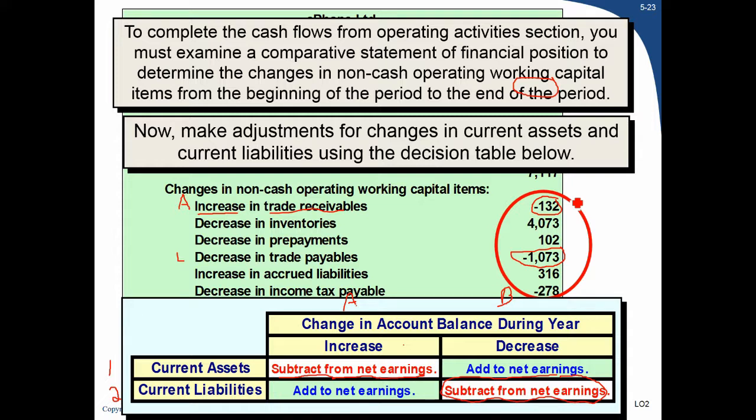So the focus, if your logic is correct, then you'll still get marks, but really focus on increase or decrease. You have to state the account name and you have to show the plus or minus when you're doing this.